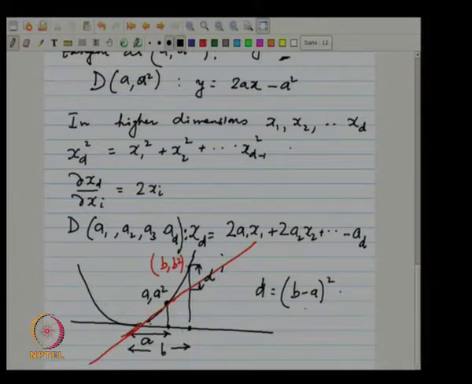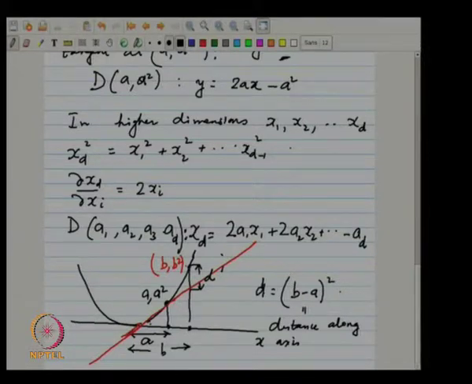It is as if I have just projected those points from the parabola to the x axis, so that is the projected distance on the x axis. That distance square is equal to d.